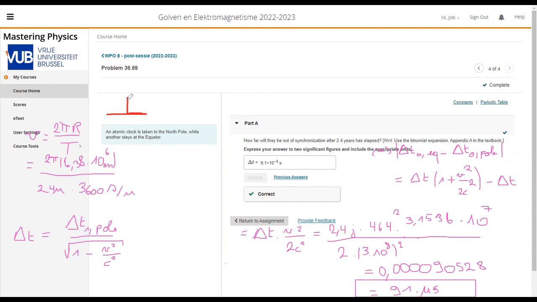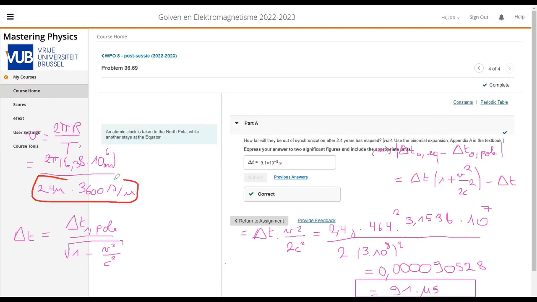This is my North Pole, because we already know that it is a circle. And why did I divide by T? T is just one day, how many seconds for one day.